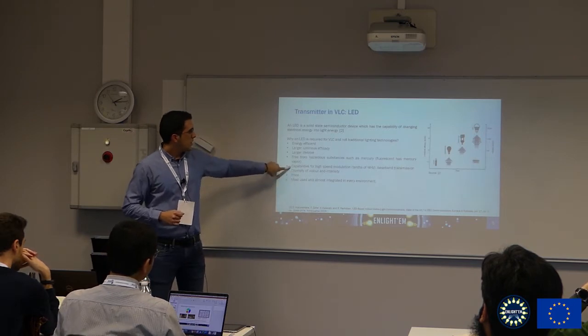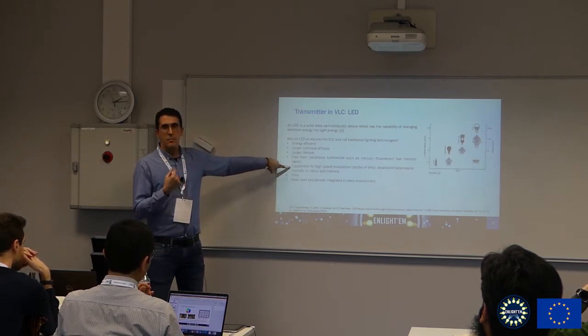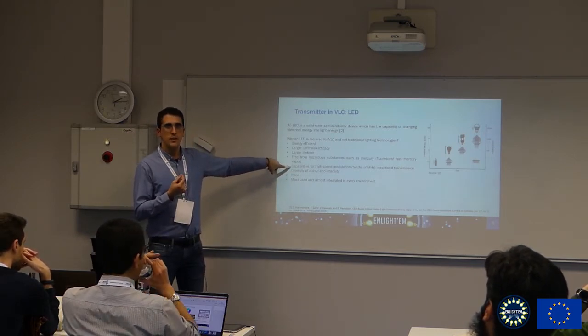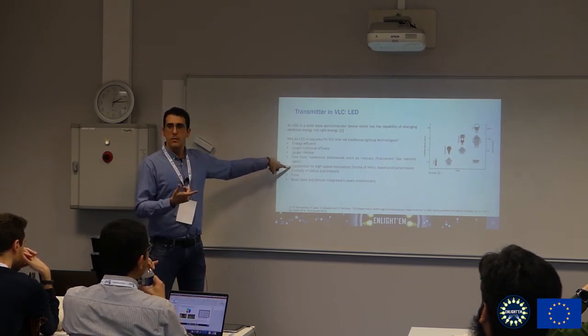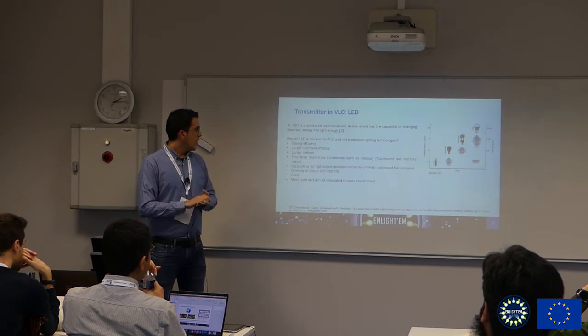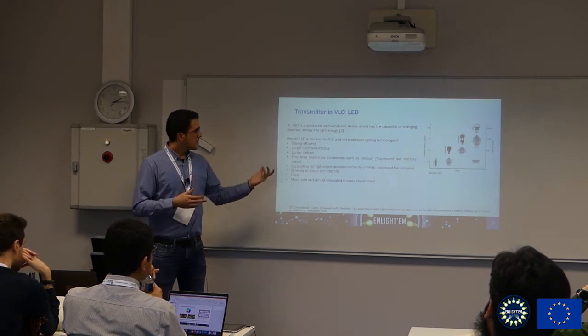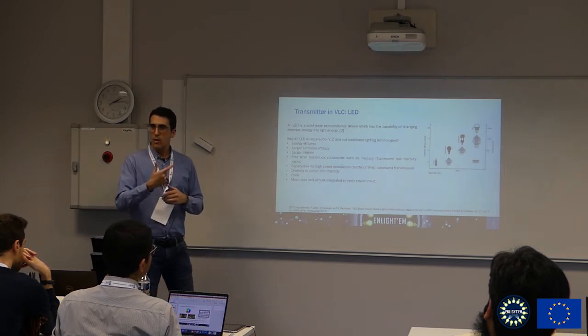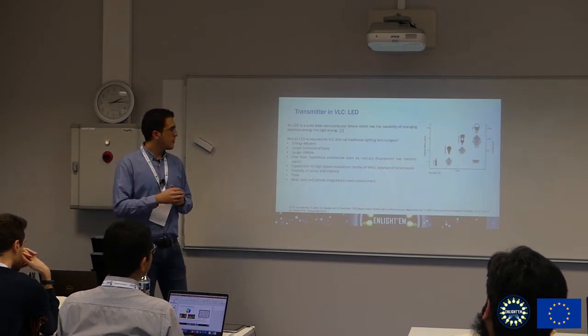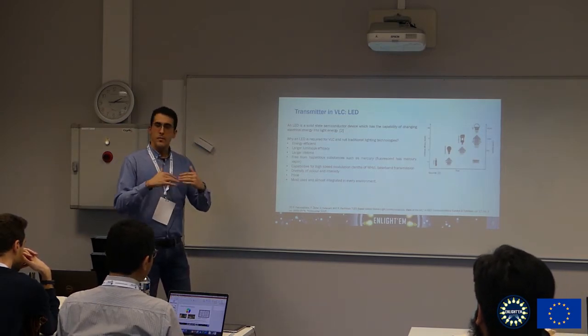But what is most important is that the LED has the capabilities for higher speed. It can be modulated at higher speed, which allows us to transmit information. It also gives us the possibility of controlling the color, and of performing in a dimming mode, and so on.